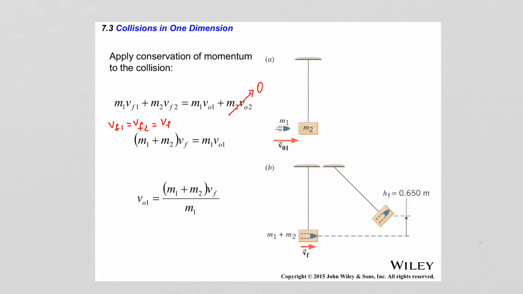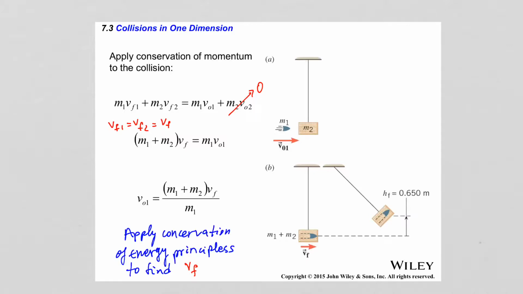So now, that's where I will apply conservation of energy. I will apply conservation of energy principles to find the final velocity that I need to calculate the initial velocity of the bullet. So in this example, the final velocity from the calculation with conservation of momentum will be the initial velocity for the kinetic energy term here.